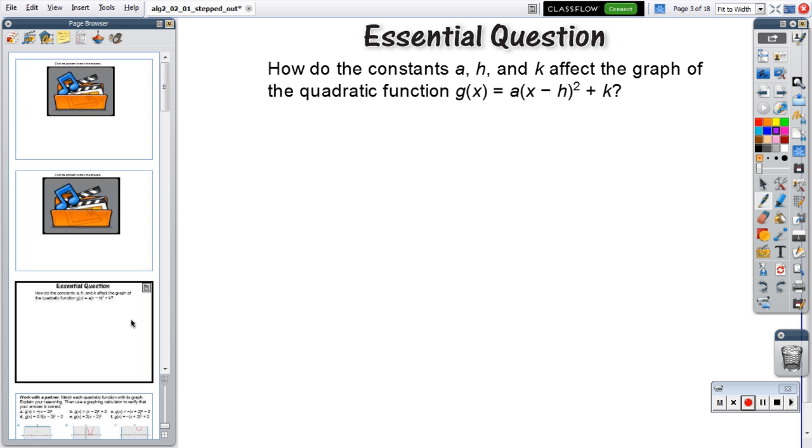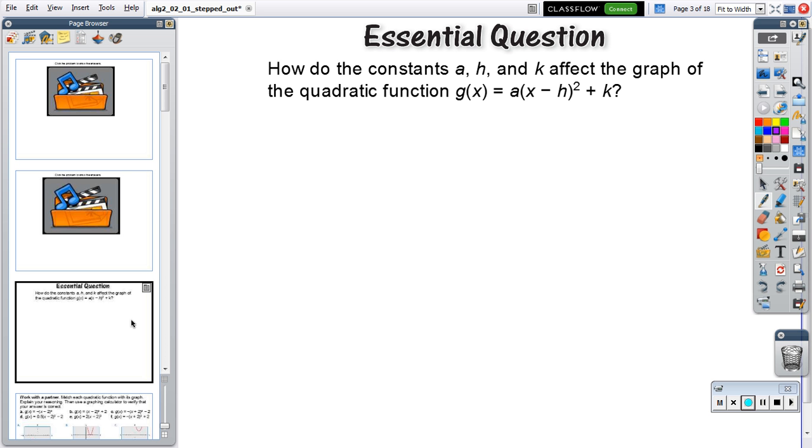Notice it's written as x minus h, because we noticed the tendency: if a new graph takes the parent and shifts it to the right, we end up subtracting. That's why it's written as x minus h squared plus k.